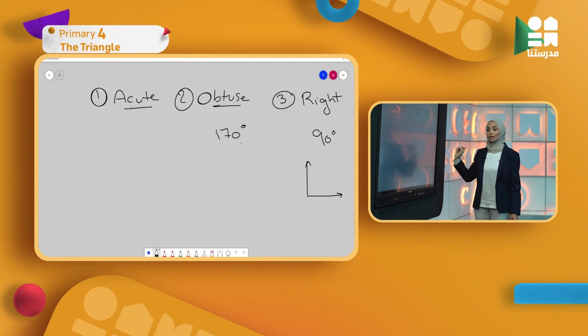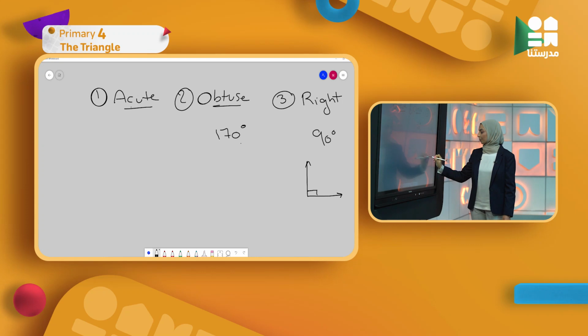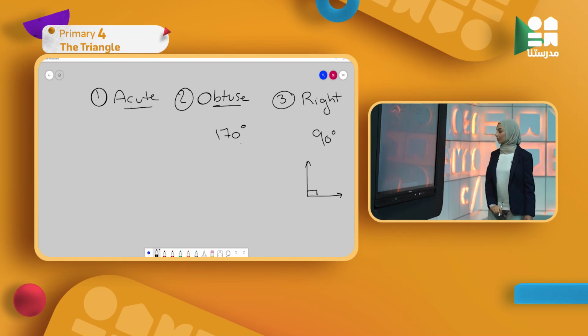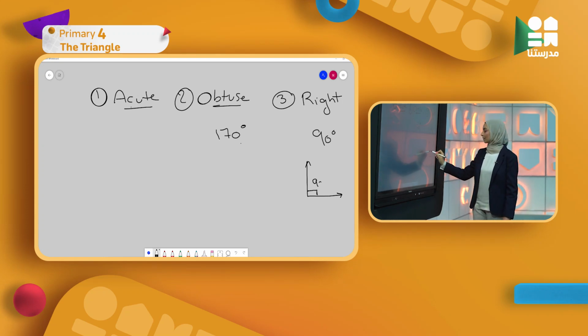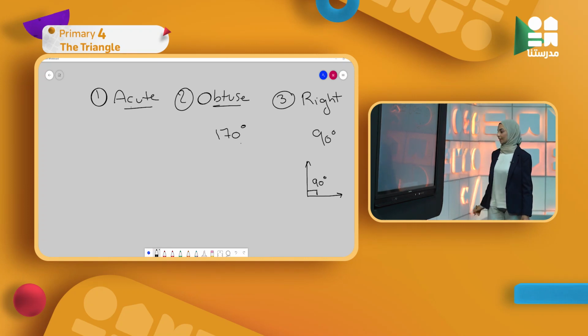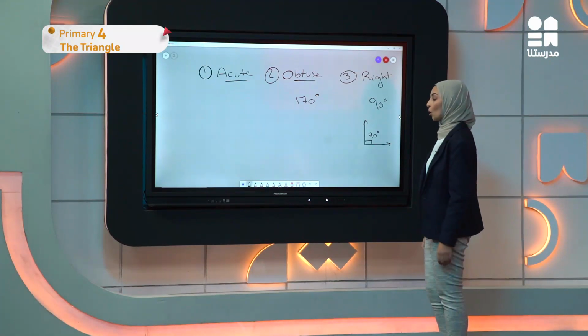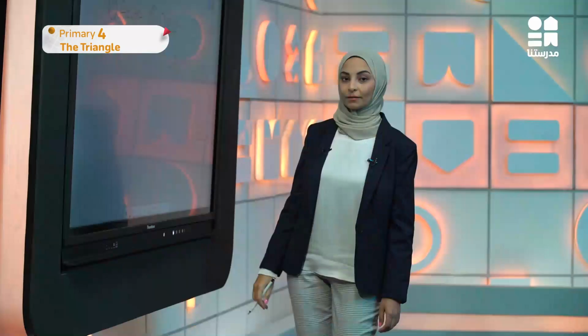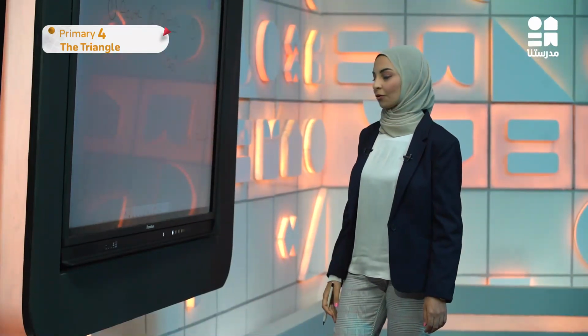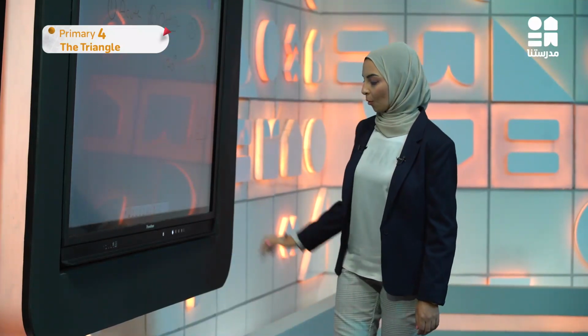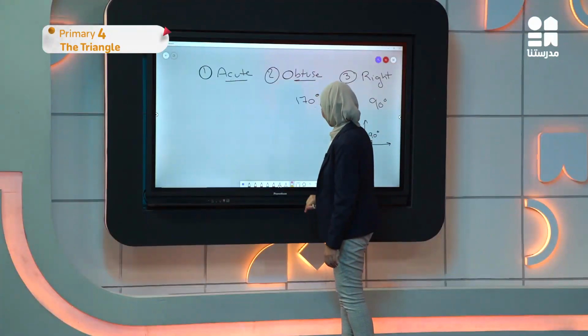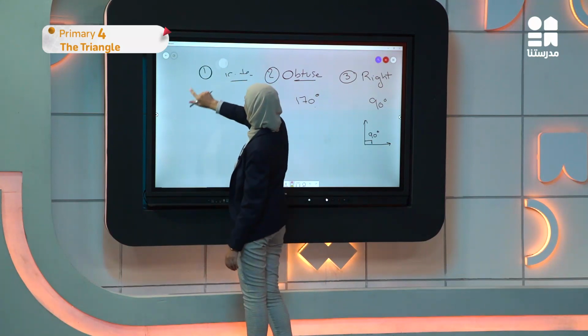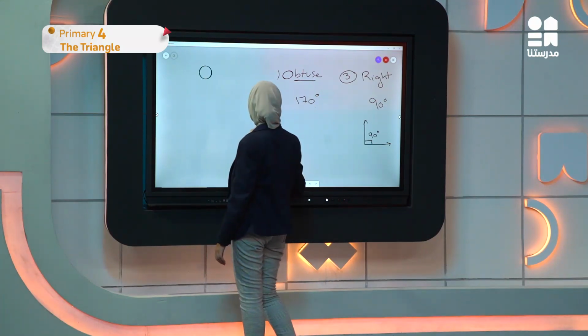These two sides must be perpendicular to each other to form 90 degree. And the right angle must be exactly 90 degree. If I have 91, no, it is not right angle. It must be exactly 90 degree. Okay, now let's see these examples.